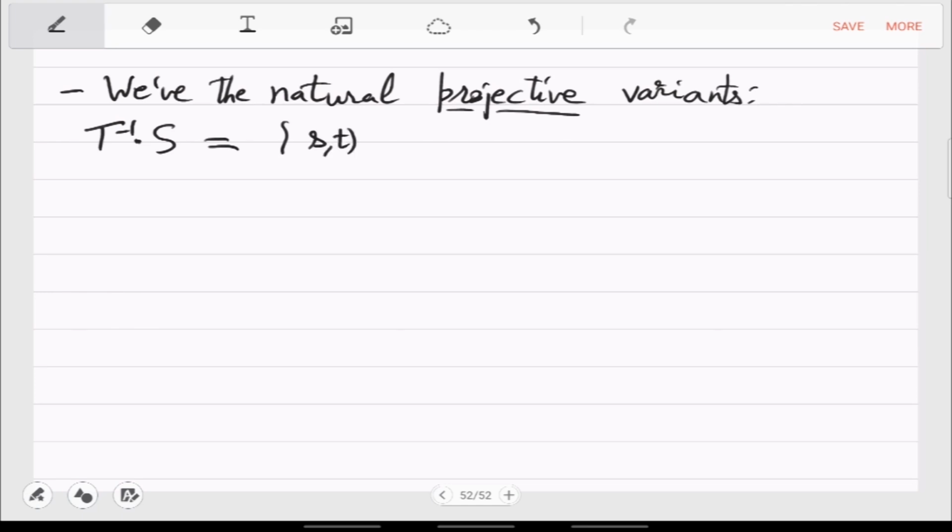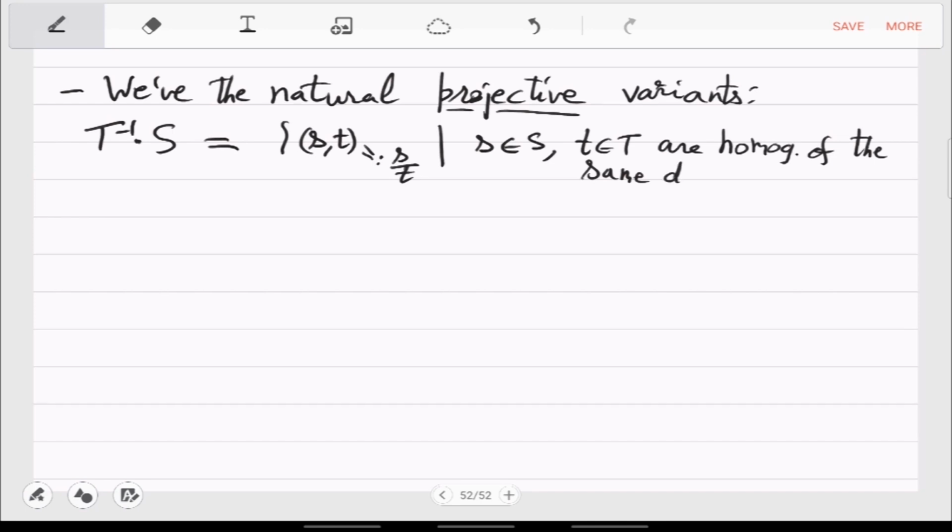You look at S comma T pairs, again thinking of this as S by T, such that S is in S, T is in T, and these are homogeneous of the same degree, modulo the understanding that two fractions are equal if the cross product is the same. Is that clear?